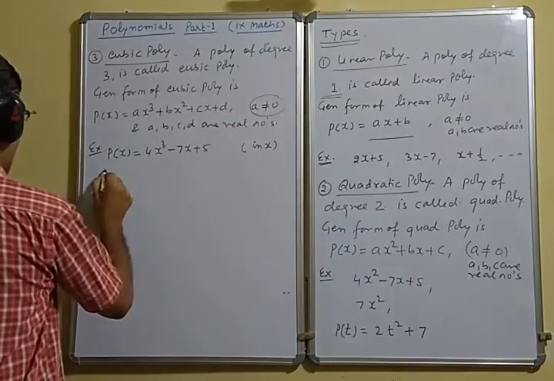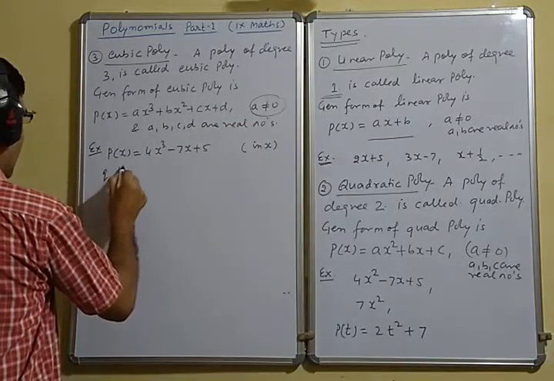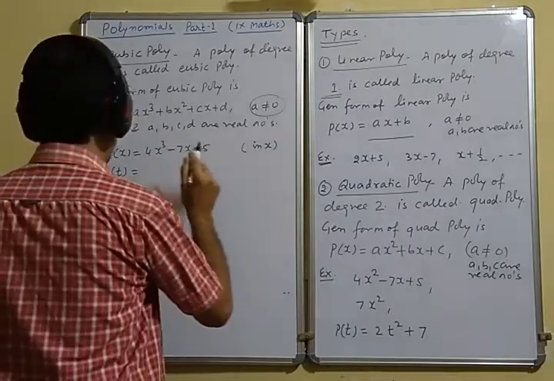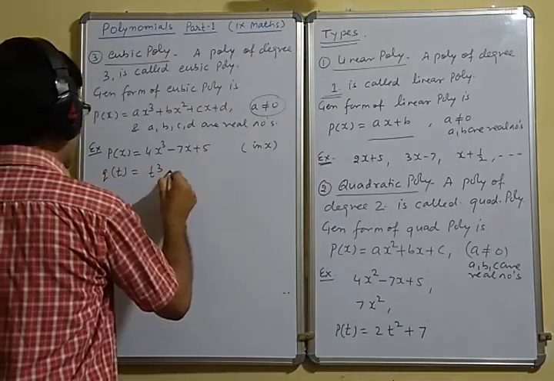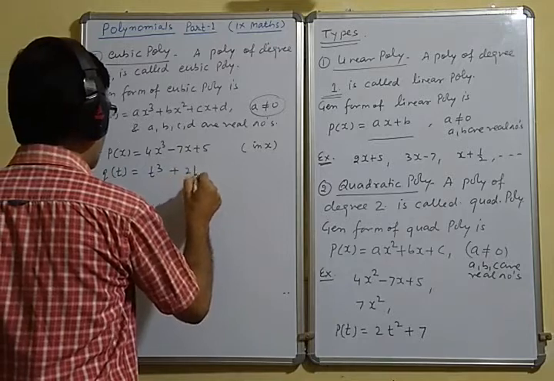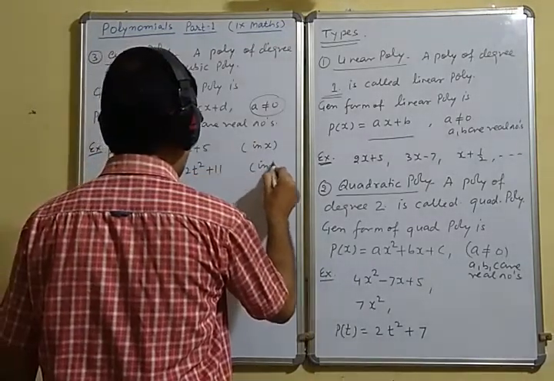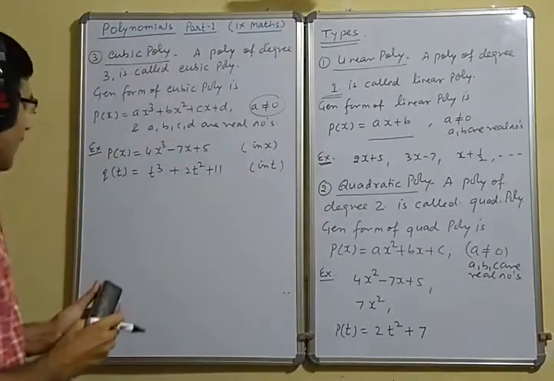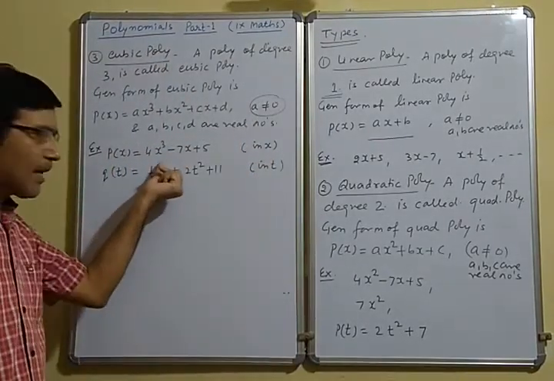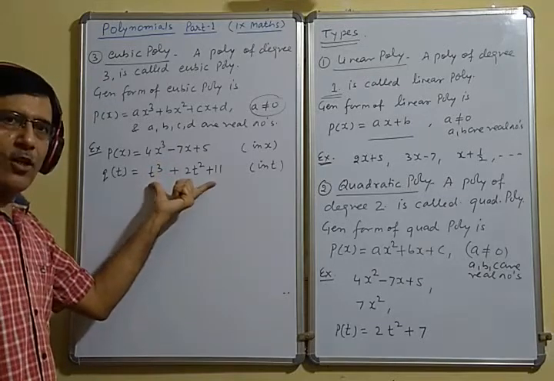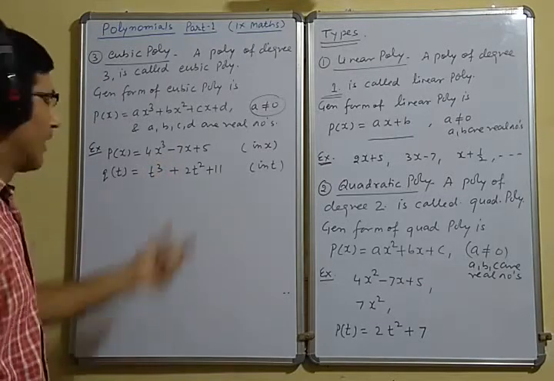Similarly, let q(t) = t³ + 2t² + 11. This is a polynomial in t, and once again its degree is 3, so it is a cubic polynomial of degree 3.